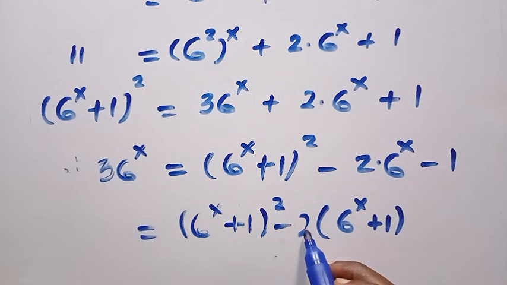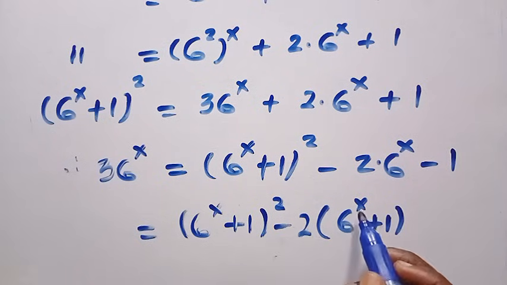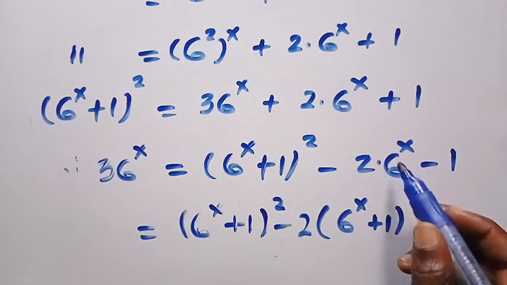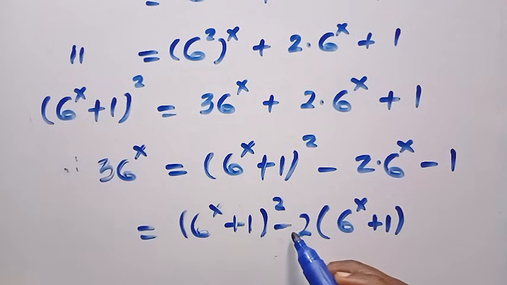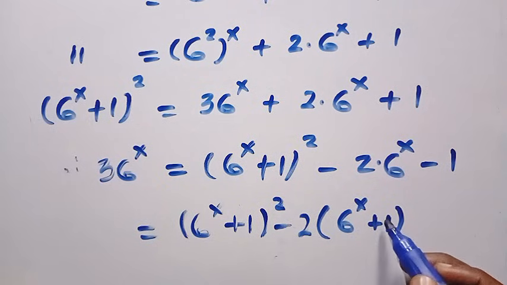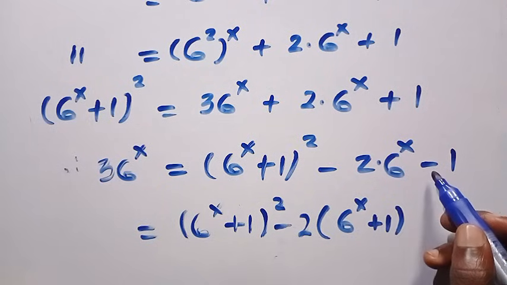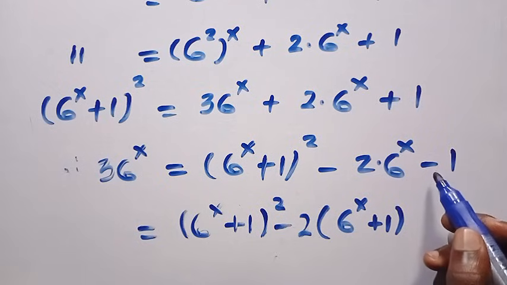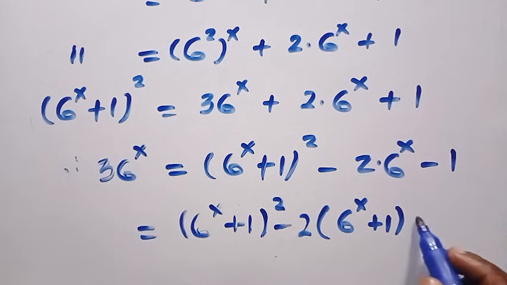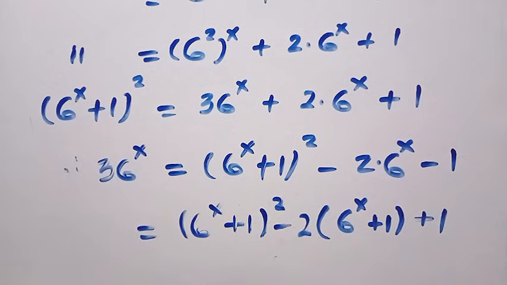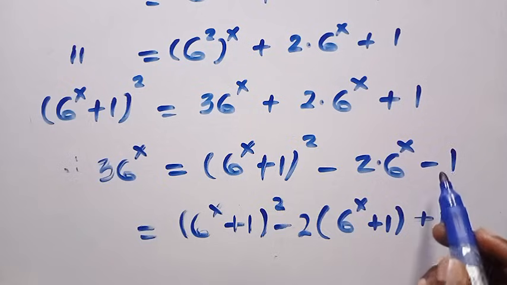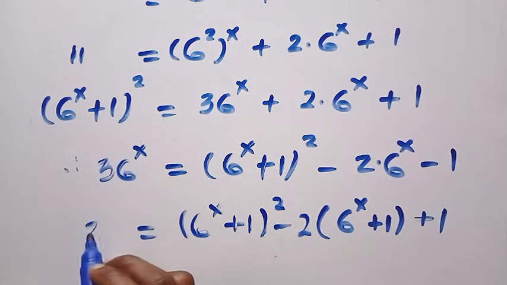So now when we multiply this by 2 by 6 power of x, we have minus 2 times 6 power x. Then minus 2 times plus 1 gives us minus 2, but here we have minus 1. It means that we have to add plus 1 to this. I hope you get this point. Yes. So everything here is now the same thing as this line. And everything equals 36 power of x.